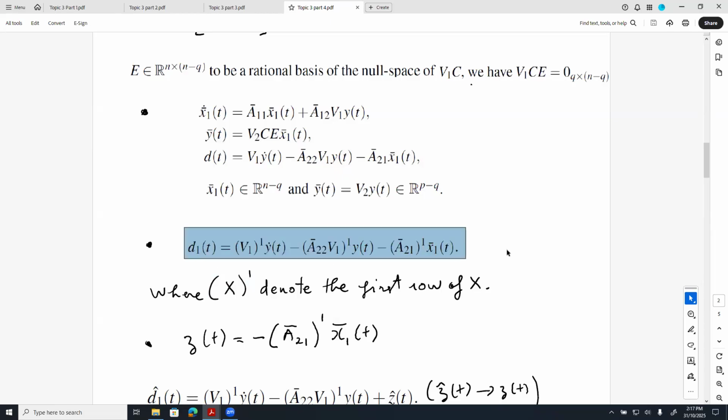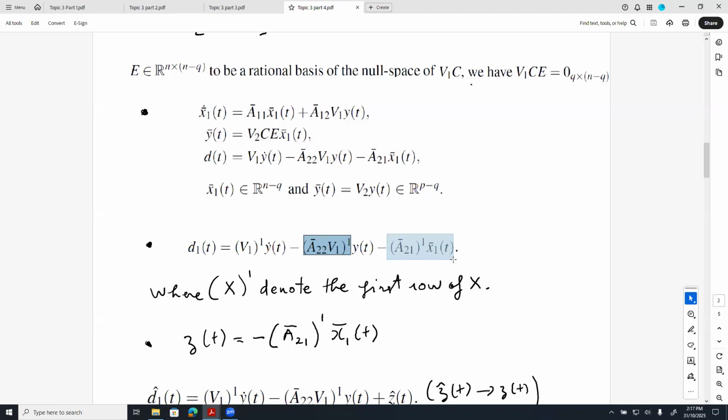This is just a single row matrix. This is a row matrix. And this is a single linear function of the stack vector.